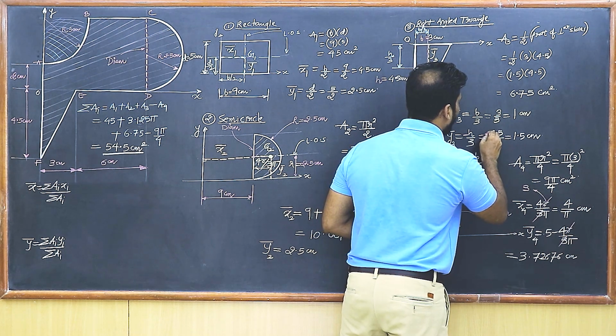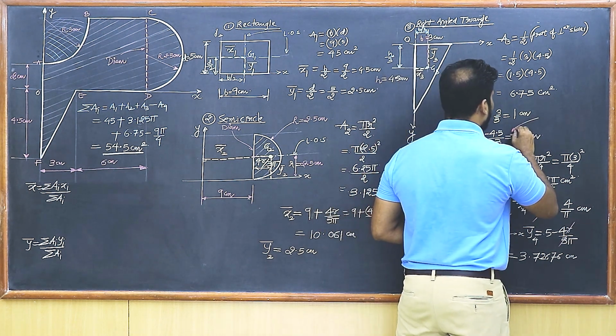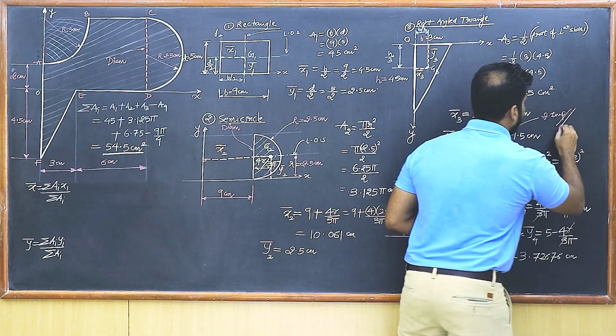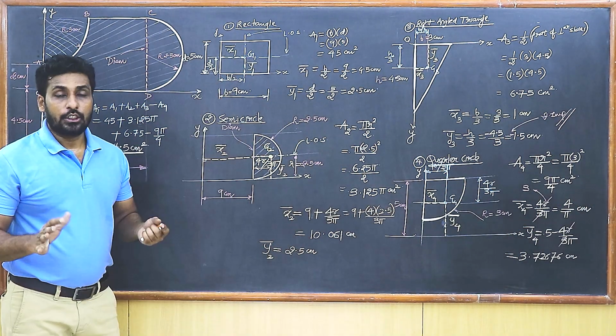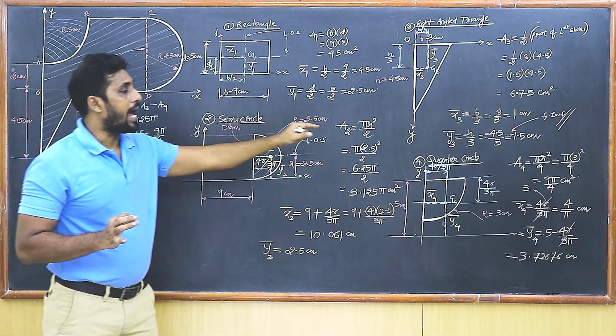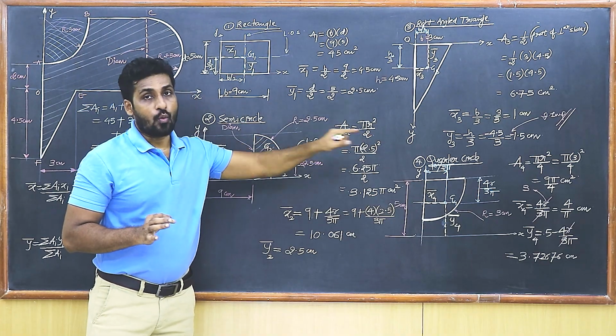So that's minus 4.5 upon 3, so minus 1.5 centimeter. This is very important, isn't it? You got to pay proper attention that for a right angle triangle, a negative sign has been put up for the y coordinate.